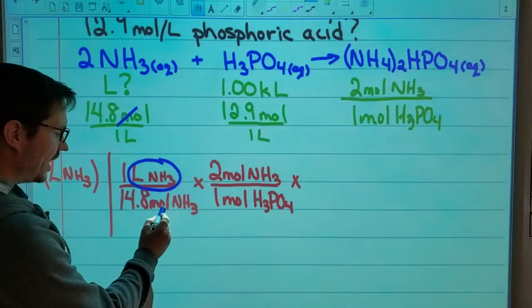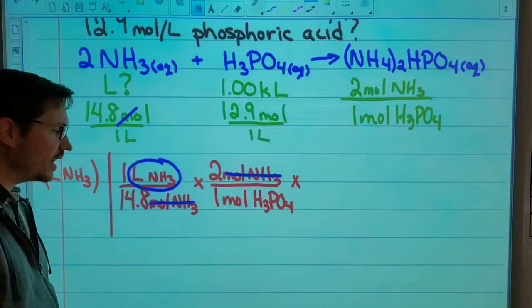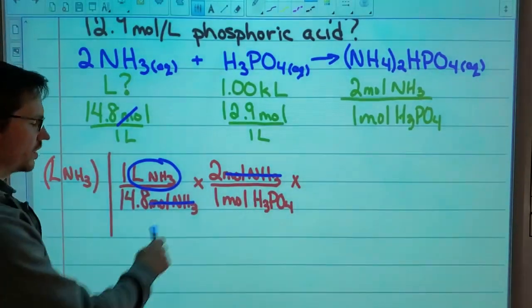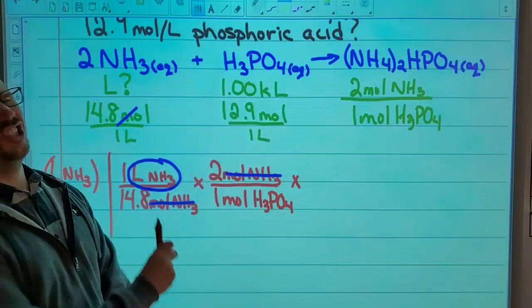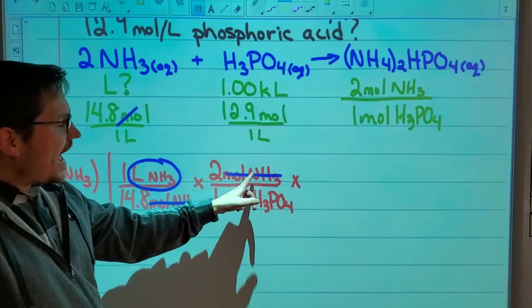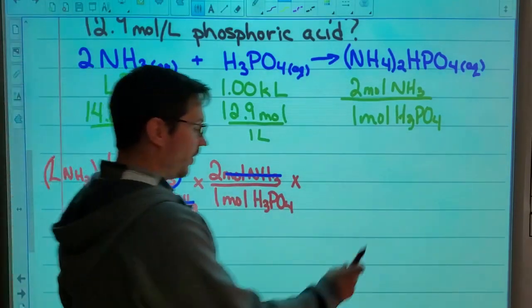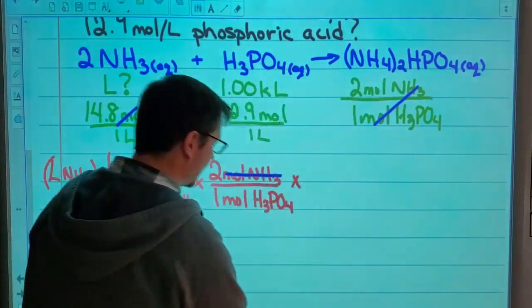So what did that do? That cancels moles of NH3 and moles of NH3. I like to cancel the word mole and NH3 all in one go because they cancel each other out. Now we have to cancel out moles of H3PO4. Well, I've already used this, so I can't use it again.